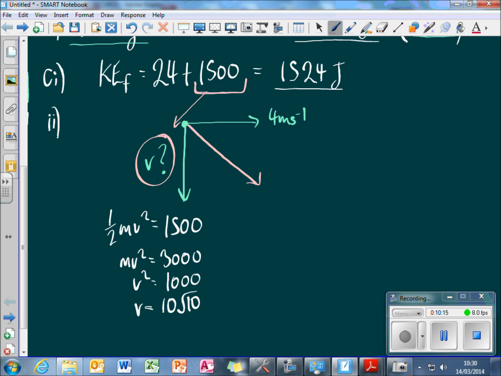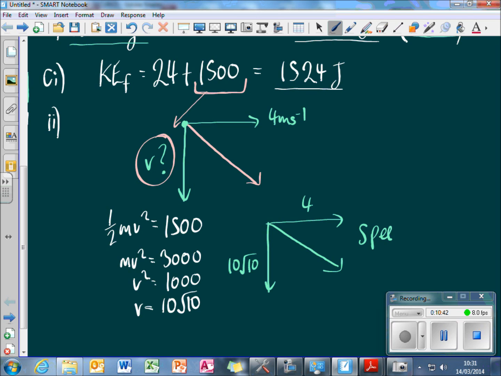So now, let's draw my picture again. I know that it's got a horizontal component of 4, a vertical component of 10 root 10. That's really simple. And we want the magnitude, which is this bit here. That bit there is going to be the speed. So how do I calculate this? This is where Pythagoras comes in.